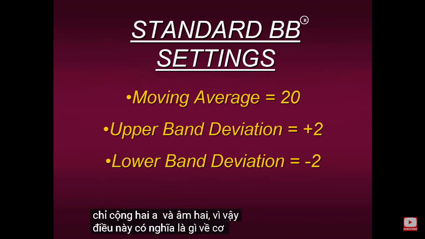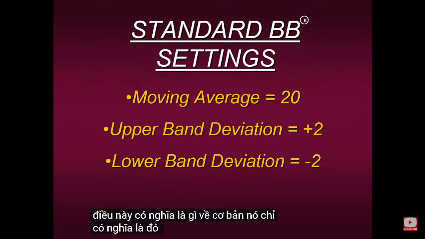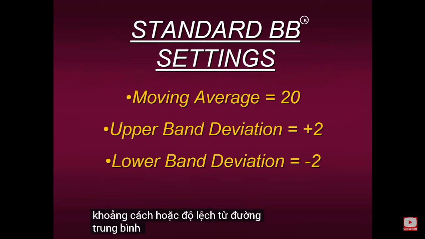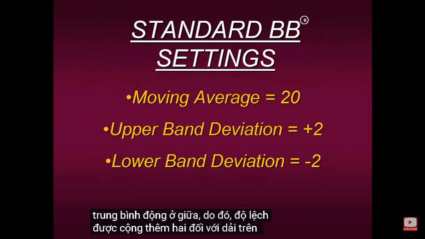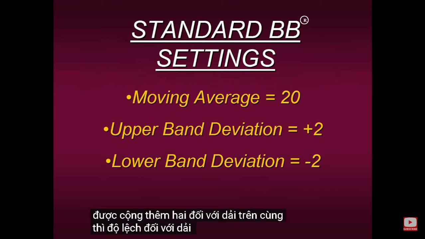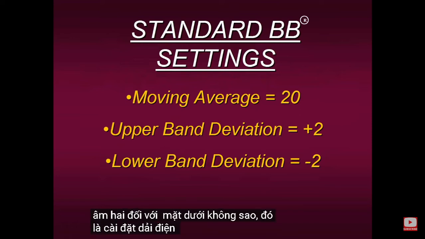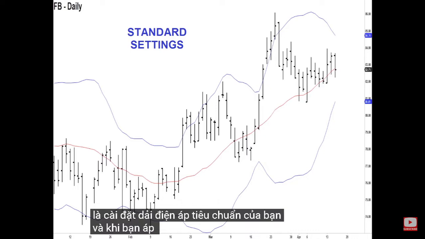So what does this mean? It just basically means that that's the description of the distance or the deviation from the middle moving average. So the deviation is +2 to the upside for the top band. The deviation for the lower band is -2 for the downside, okay?